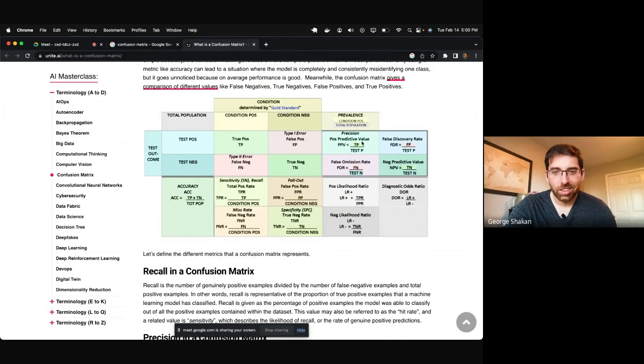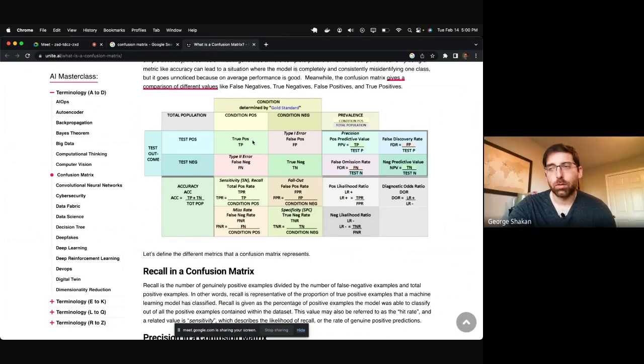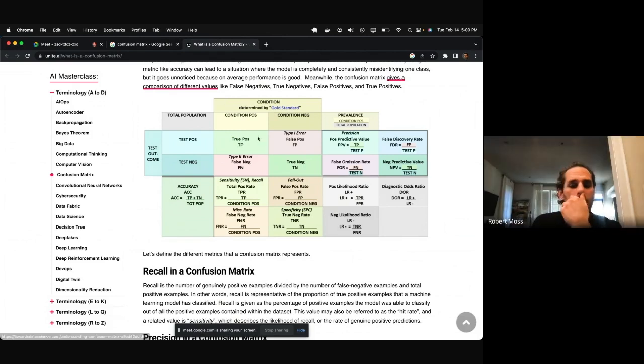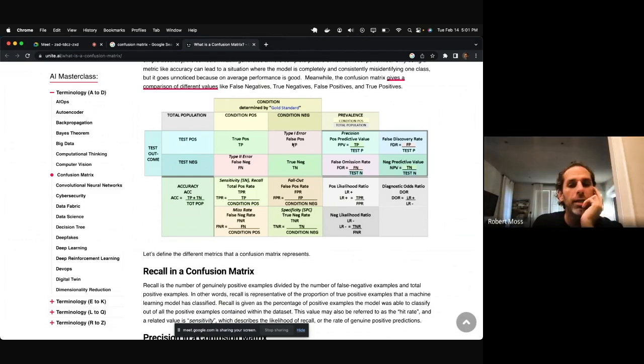Okay, good. The way I think about it is, this row here is the test positive. So this is the proportion of the ones that you guessed true of all the ones that were actually true in your test. Yes. So you could say it's the proportion of what we predicted true out of all of the positive cases, true positives and false positives.